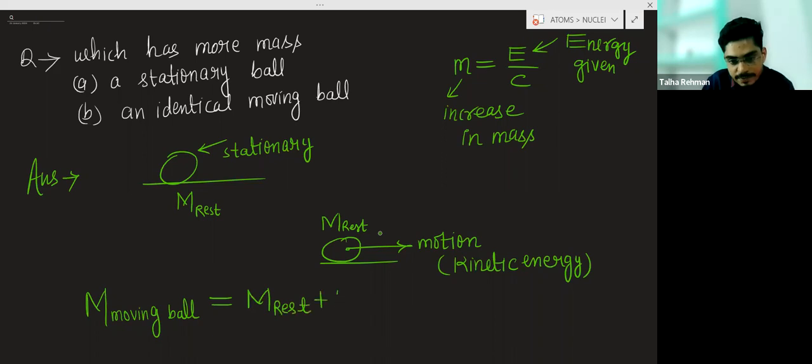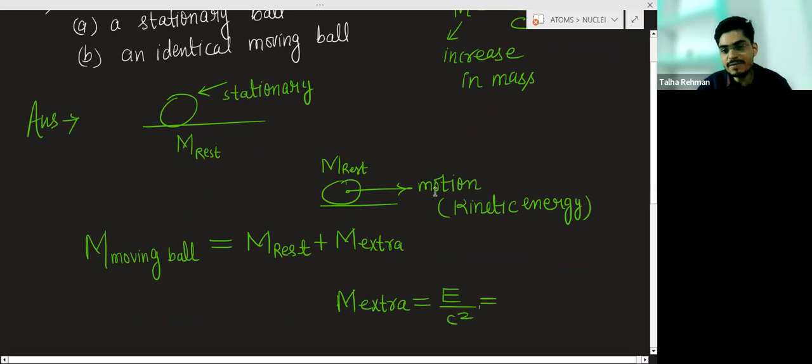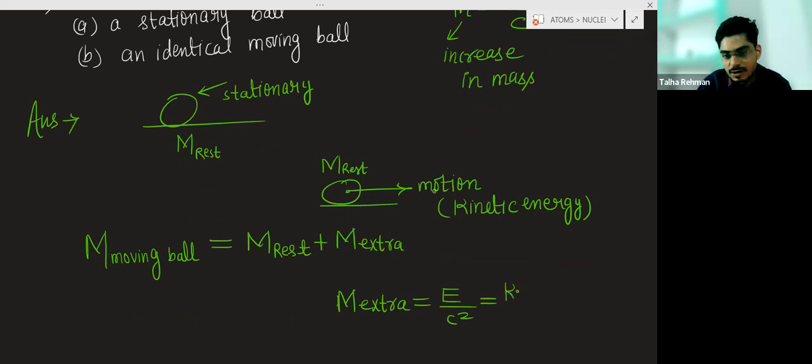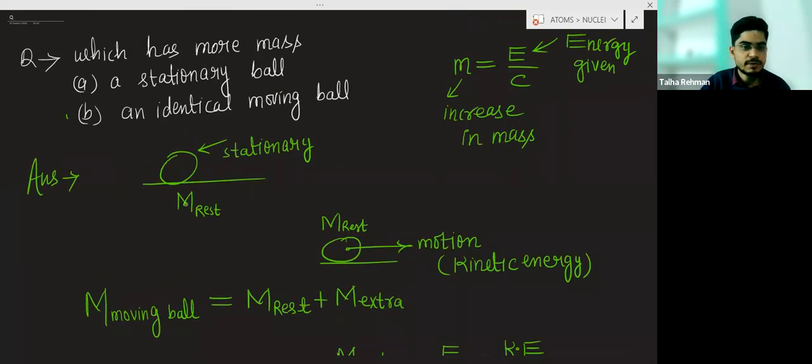Now there is one mass extra due to kinetic energy, and what is this extra mass? Energy divided by c square. And what type of energy does this mass have? Kinetic energy divided by c square. So that is why this option will be correct.